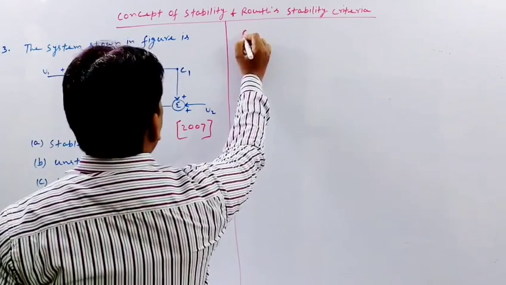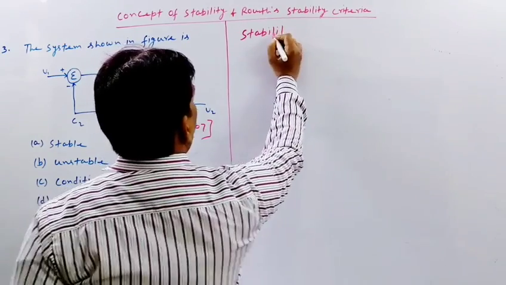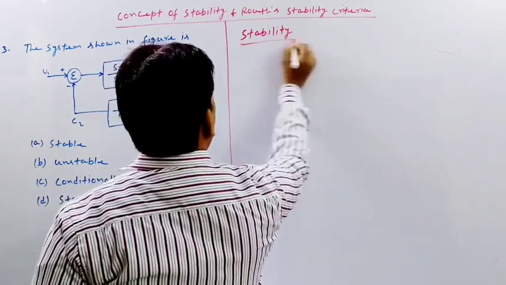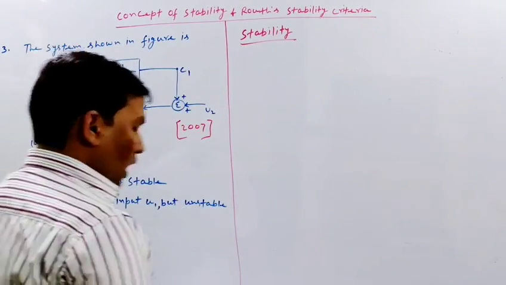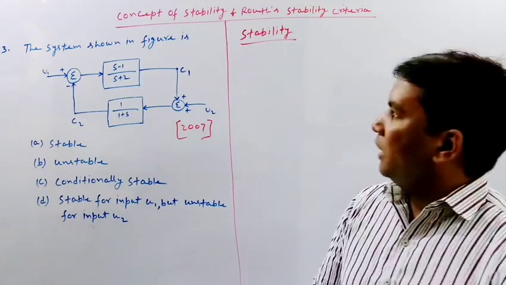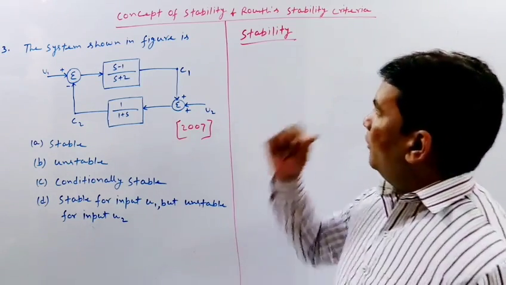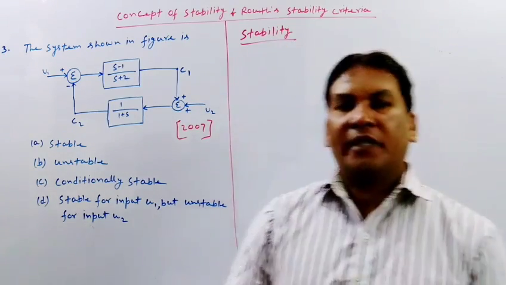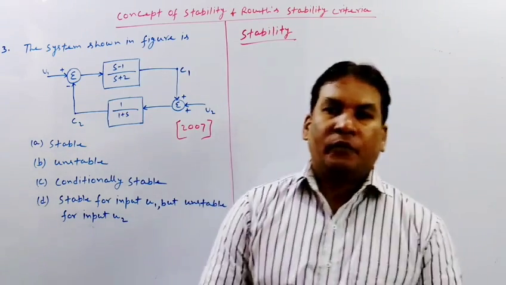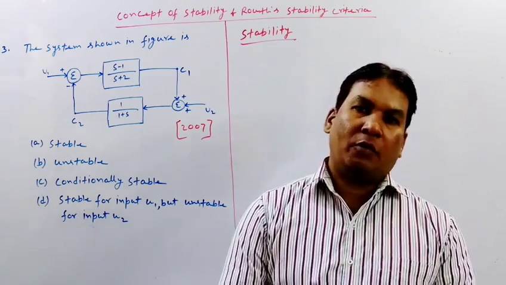Before writing the definition of stability, let me explain some more things. We determine the stability of a system in two domains. Either we can determine it in the time domain or in the frequency domain.